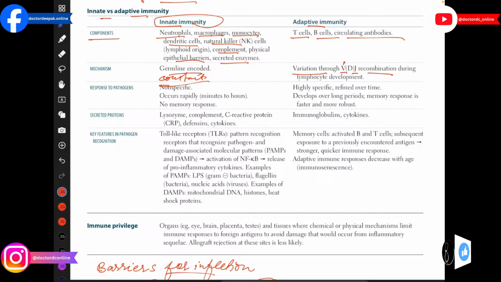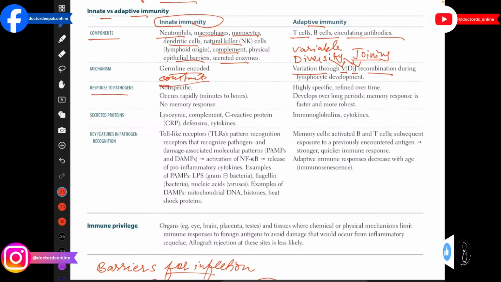V means variable, D means diversity, and J means joining, to create unique antigen receptor genes. By these components, they make unique and multiple antibodies for different and numerous microorganisms.